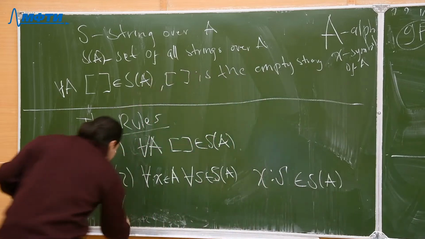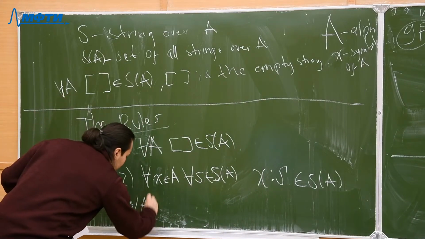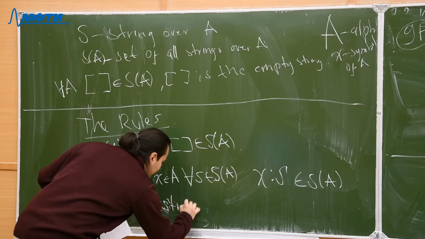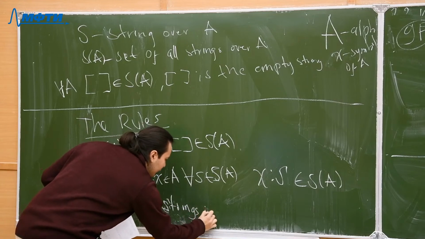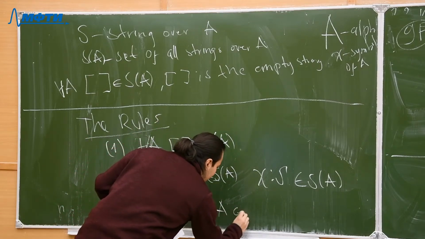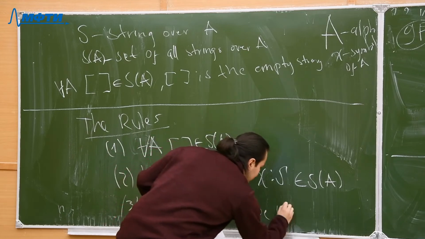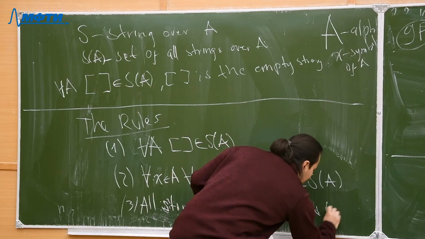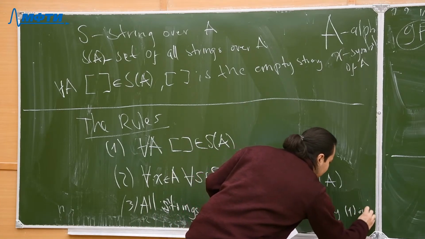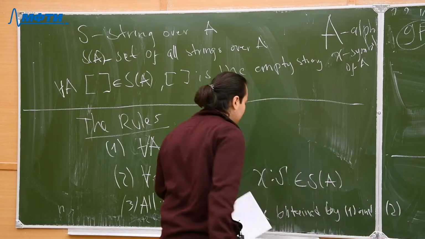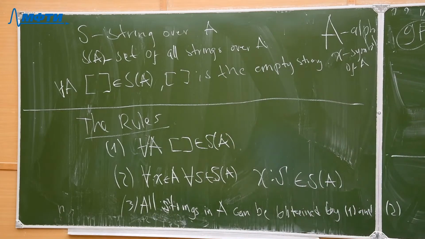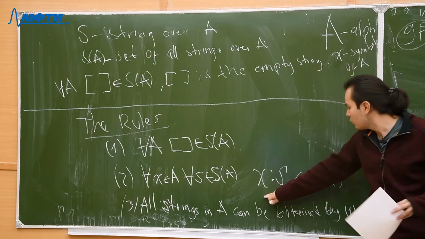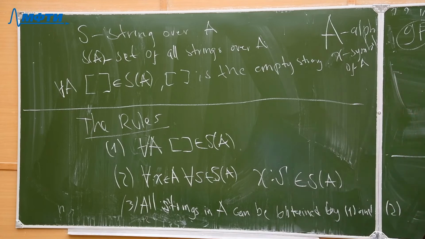And finally, all strings over A can be obtained using rules 1 and 2. So no matter what string we have in our alphabet, we can construct it this way.